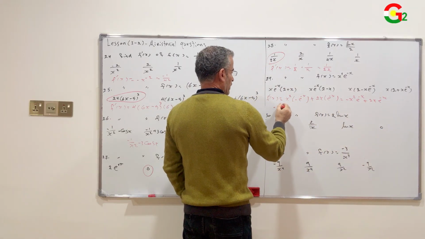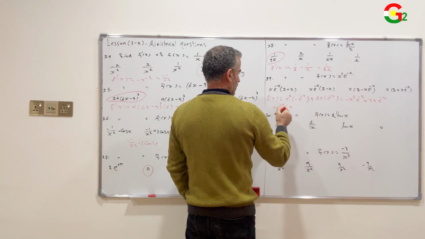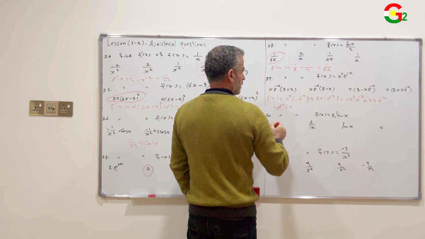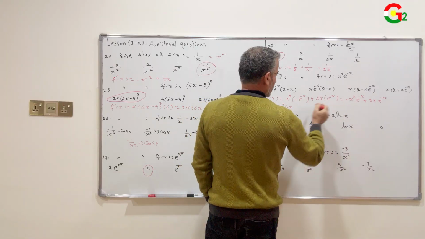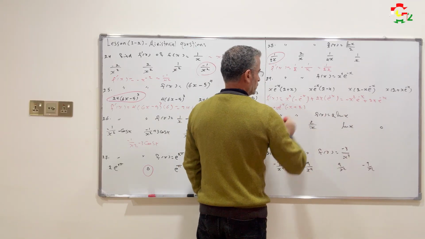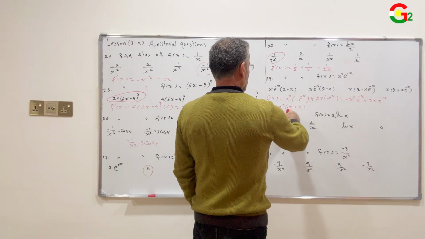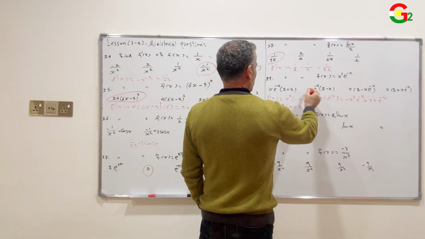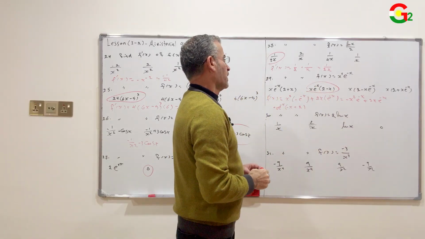Factorize by x e to the negative x, then negative x from the first term plus 2, or (2 minus x) x e to the negative x. Choice B.